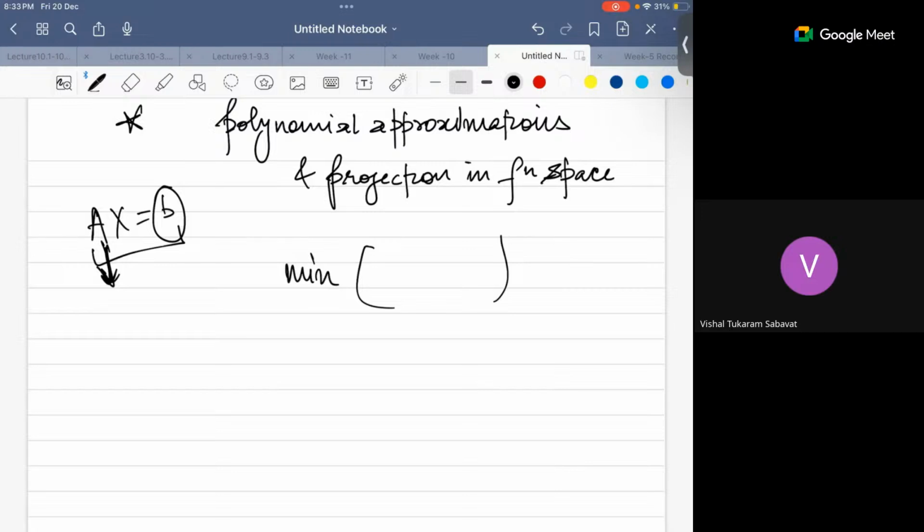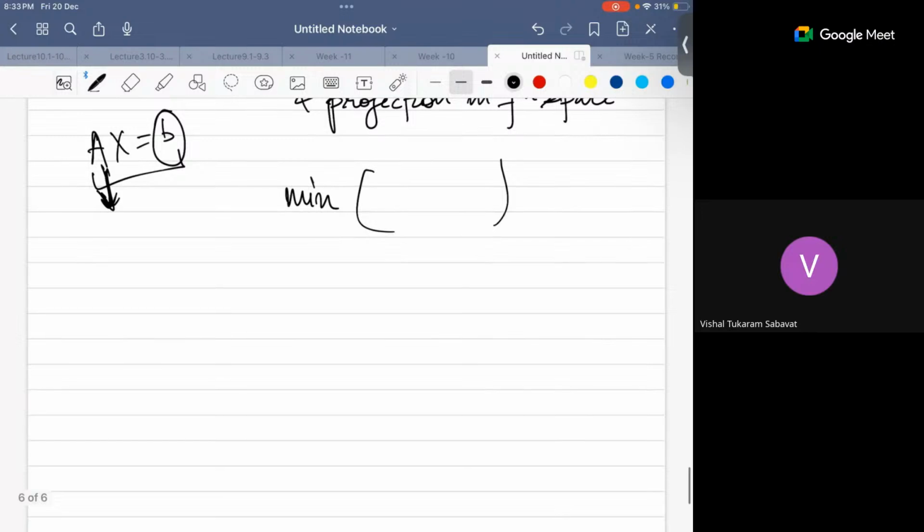Is it minor axis and major axis stuff? No, no. See, here you find the closest vector in a subspace of, let's say, the function space L2.